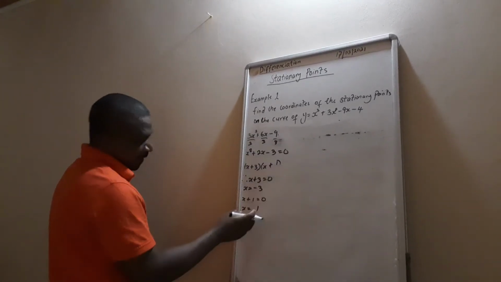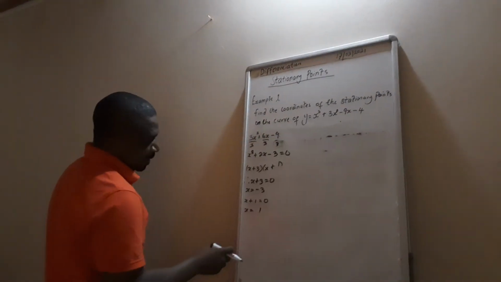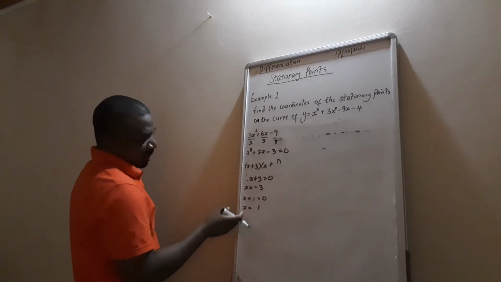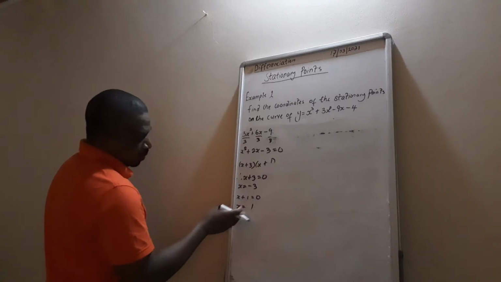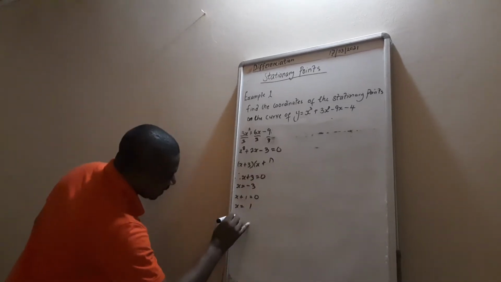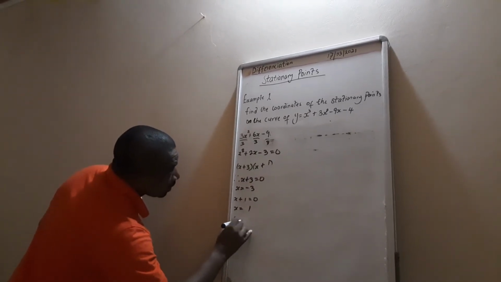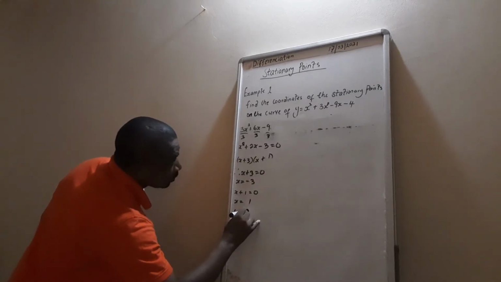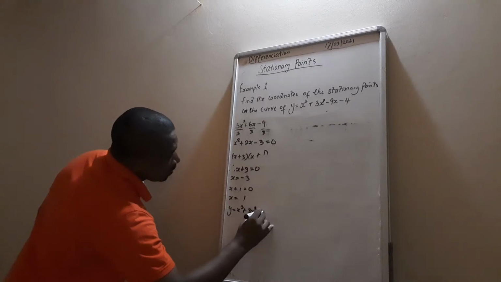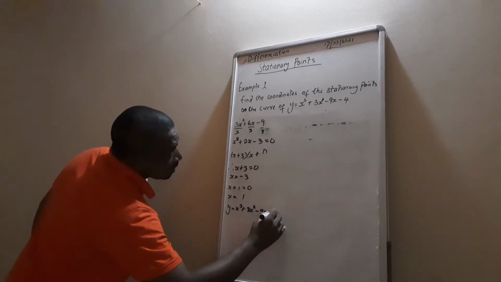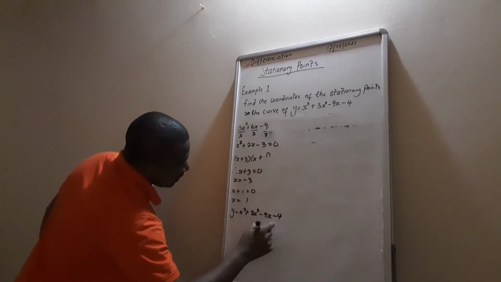Now let's find the value of y when x is equal to minus 3 and when x is equal to positive 1. We have y equals x to the power 3 plus 3x to the power 2 minus 9x minus 4.